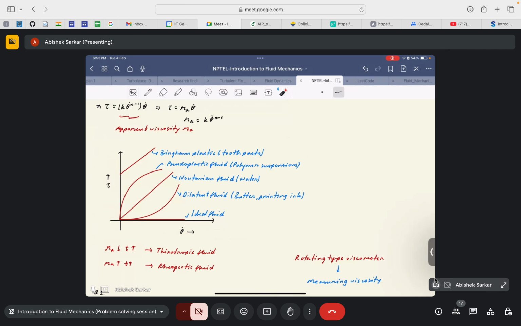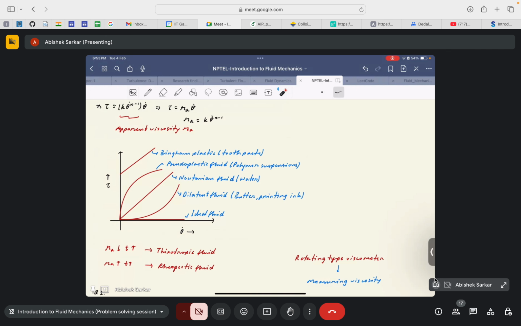Similarly, there are pseudoplastic fluids, for example polymer suspensions, which give this kind of relationship. And finally, there is Bingham plastic, where it follows a linear relationship, but some threshold value of shear stress has to be reached before the fluid starts to flow. For example, toothpaste will not start to flow until we apply a certain force, so it can be characterized as a Bingham plastic fluid.